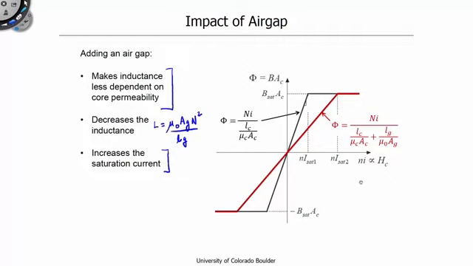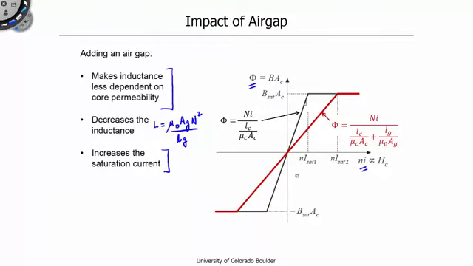Note that if we look at this chart, which plots the total flux going through our inductor versus the current, then until the material saturates, the flux increases linearly with the current. And this makes sense since the current is proportional to the H field, and from the BH curve we know that B and H stay linear until B saturates.